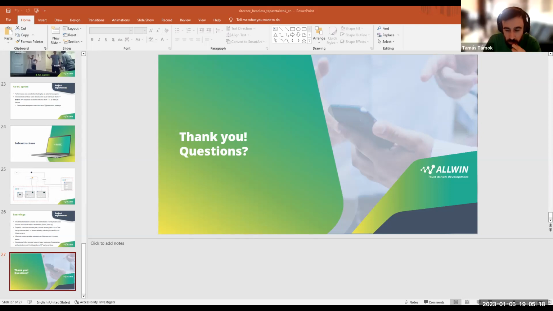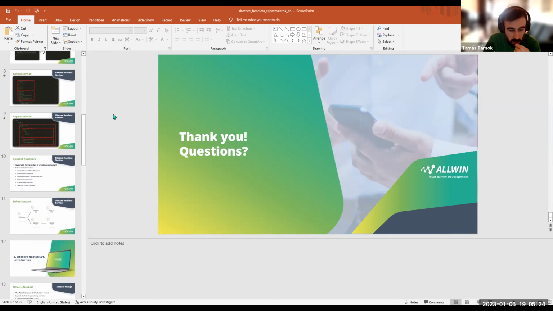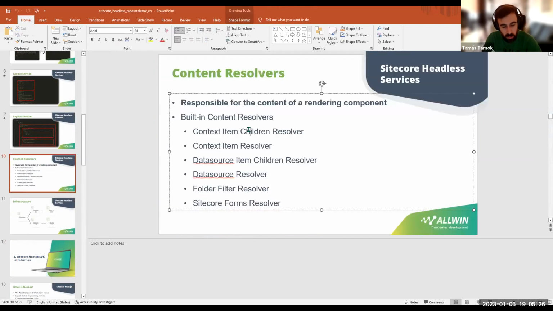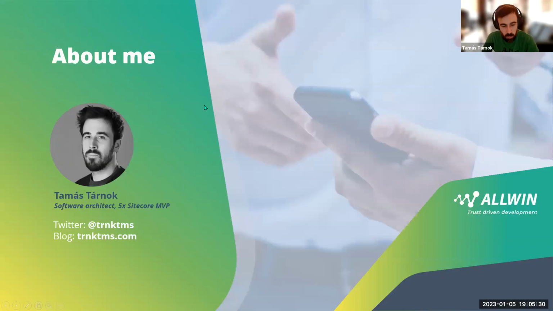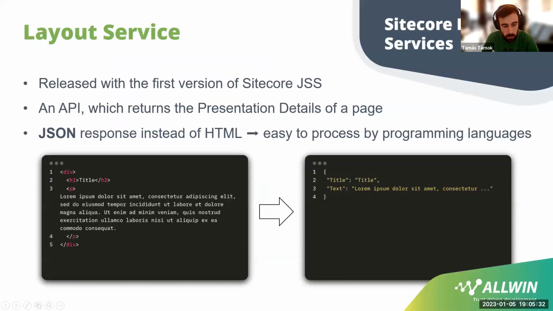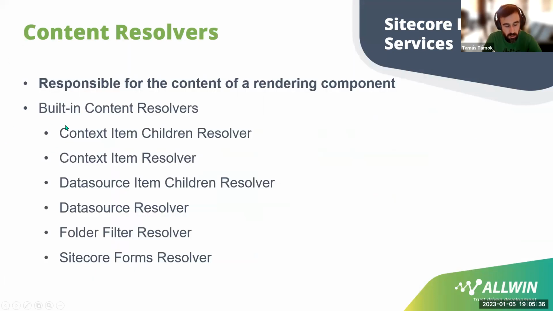Okay. So if you're not using GraphQL, then you can use or create custom content resolvers. These are the default ones, but you can create your own in .NET.